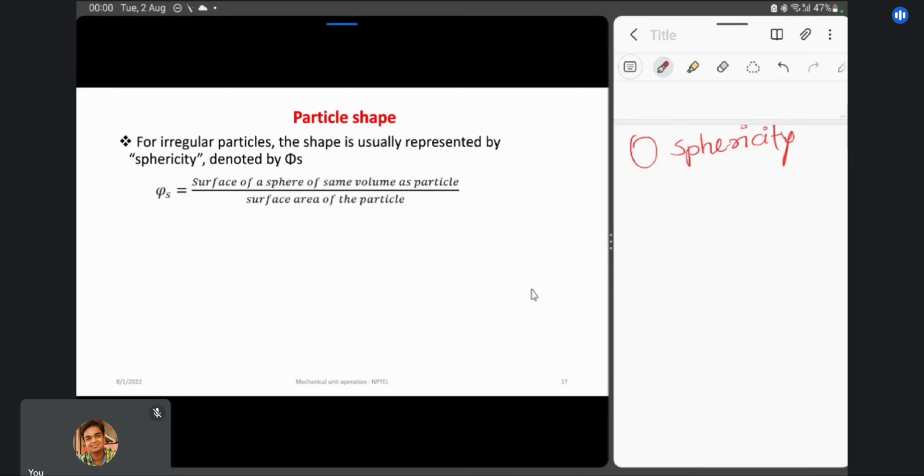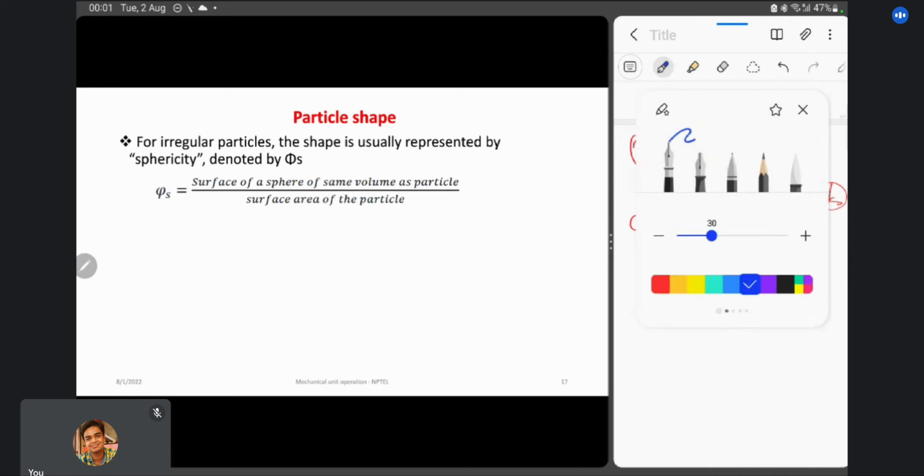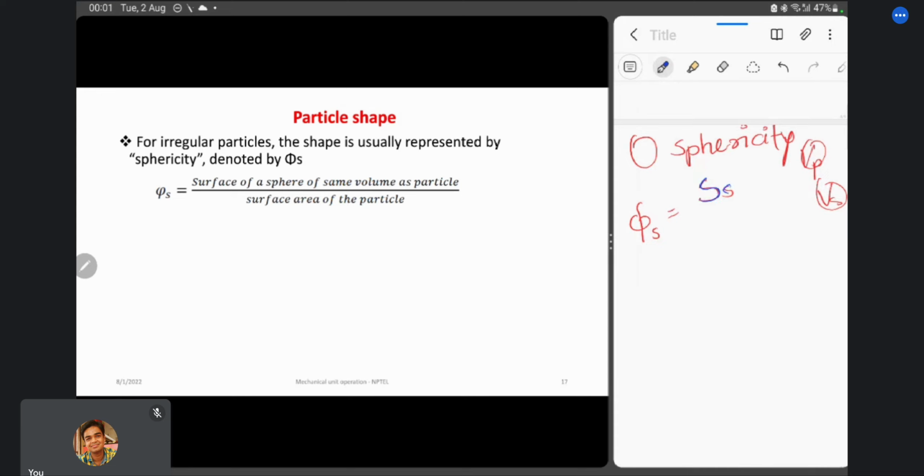But for the exact definition, sphericity is always represented by phi s. Your particle has some volume Vp, and we need to consider a sphere of the same volume, and the surface area of that sphere. Whatever particle you want to understand, you need to take a sphere of the same volume, and also the surface area of your particle.